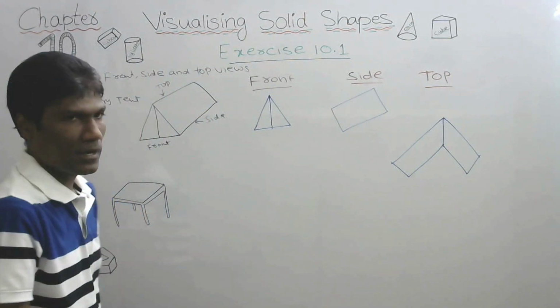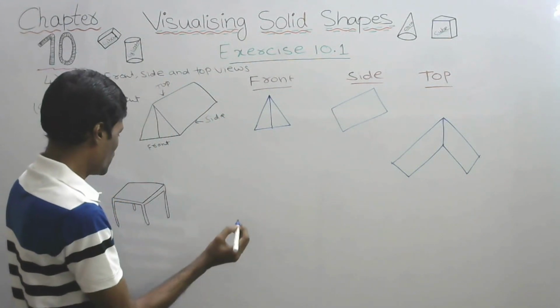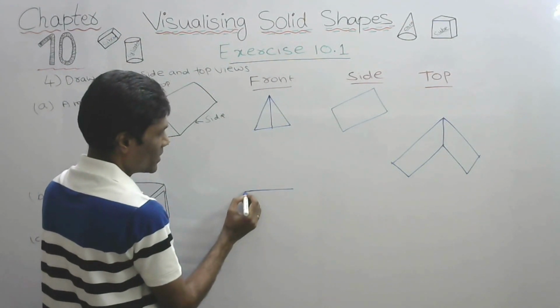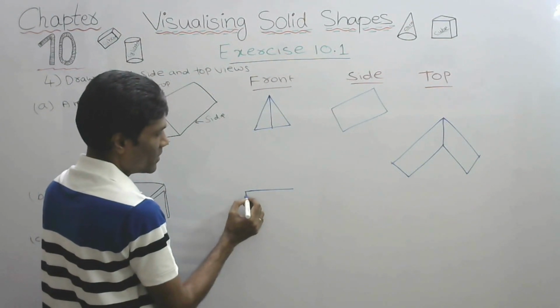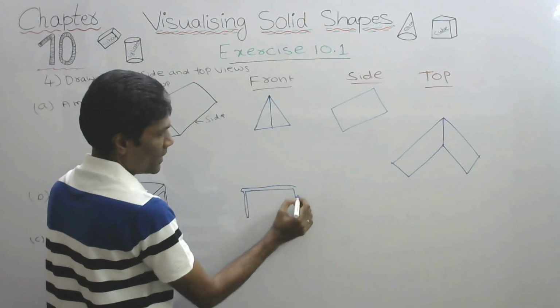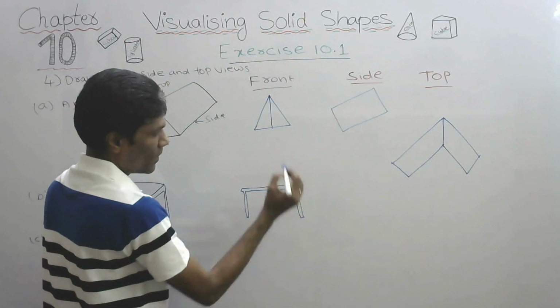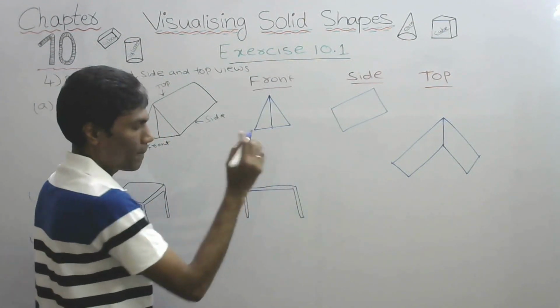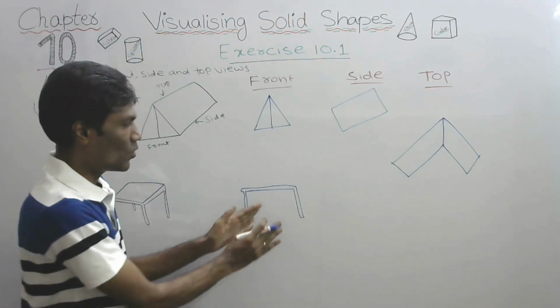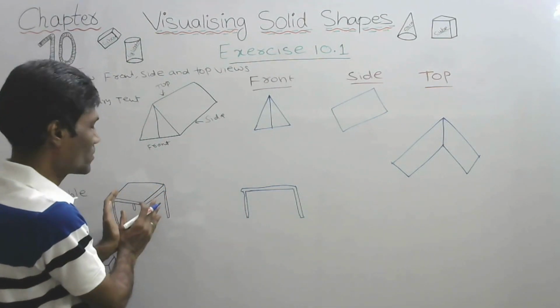Next, coming to the table. When we see from the front side, we can see like this. Say these are legs. Front side, only this part we can see.